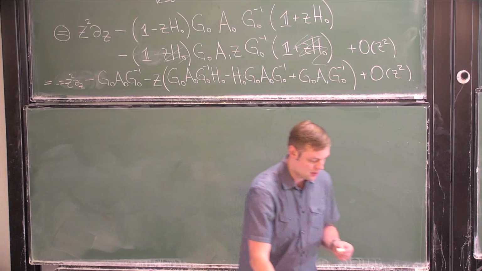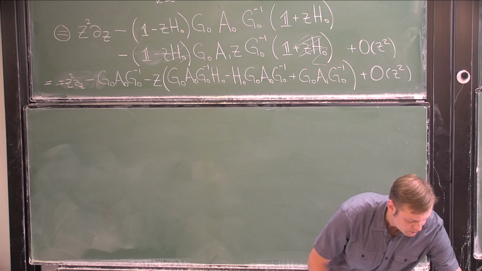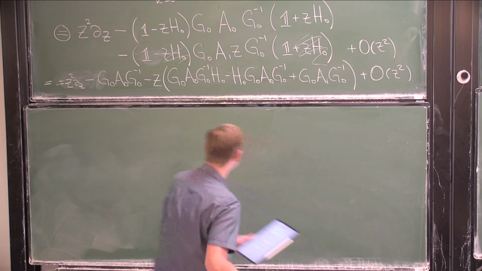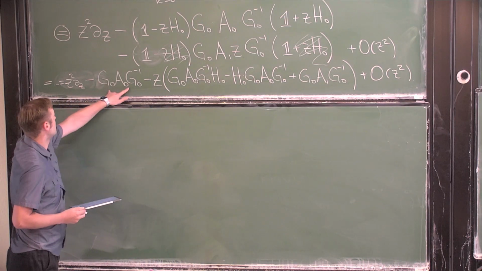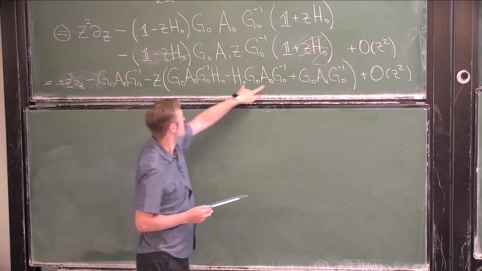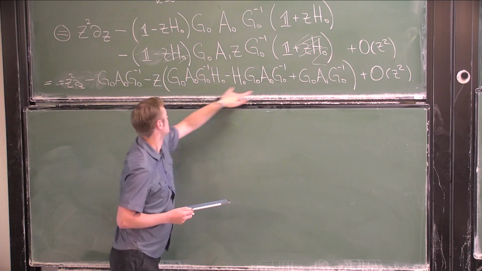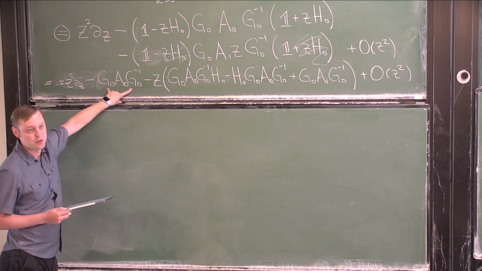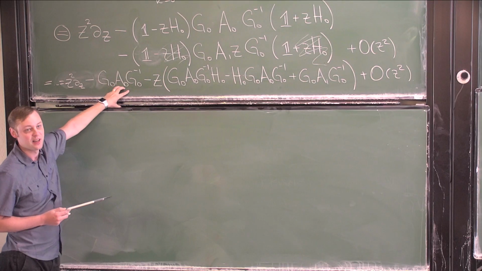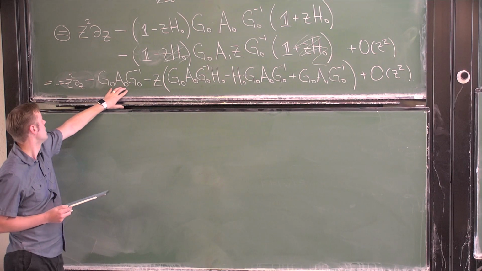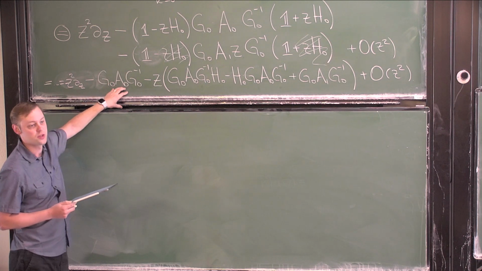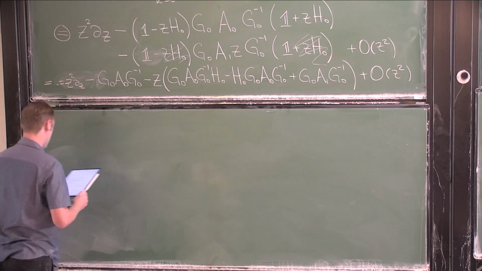Now let me make another simplifying assumption. I see that I have this G0 A0 G0 inverse, the conjugation of A0, and it keeps reappearing twice in here. G0 is really up to me to pick. So if I assume that A0 is diagonalizable, the generic assumption, then I can choose G0 simply to be one that diagonalizes A0 to its diagonal matrix of eigenvalues. So let me do that.